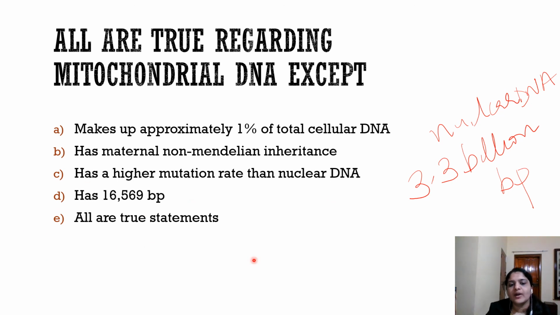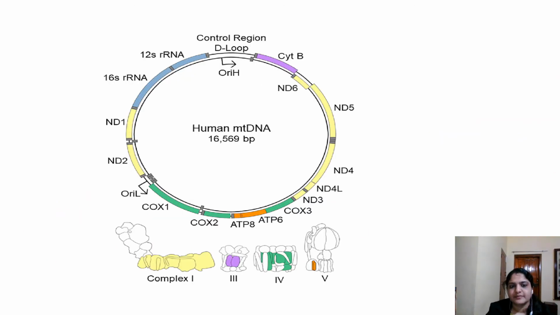So the answer is E, all are true statements. That's a diagram of the human mitochondrial DNA, which has 16,569 base pairs and 37 genes, with a unique maternal non-Mendelian inheritance. So that's about DNA organization and structure.